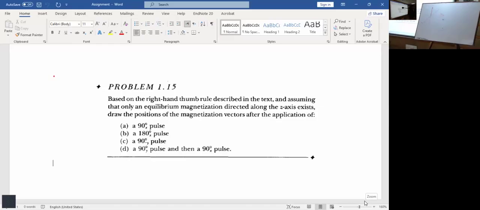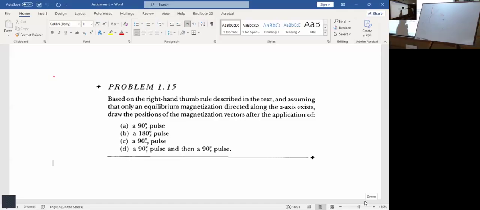Yes? Sorry, still on the last question. If we apply the pulse from X and 90Y goes to plus X. Yeah. First, if you are talking about the D, I gave a pulse from 90Y, which brings it to plus X. Now if we apply another 90Y.